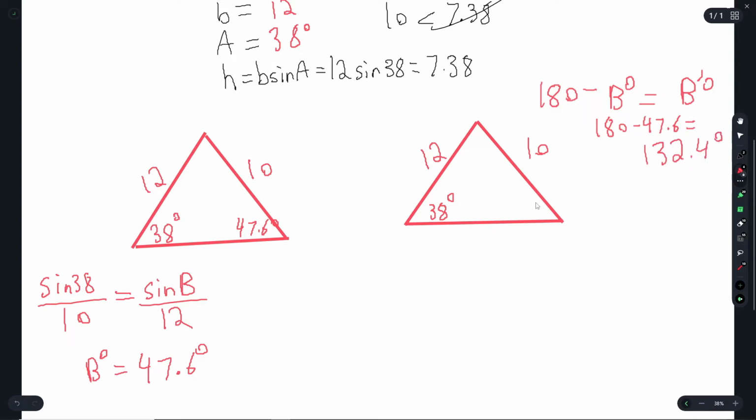So this will be 132.4. To find the last angle on both triangles, you do 180 minus the other two angles. On the first triangle, it will be 94.4. On the second triangle, it will be 9.6.